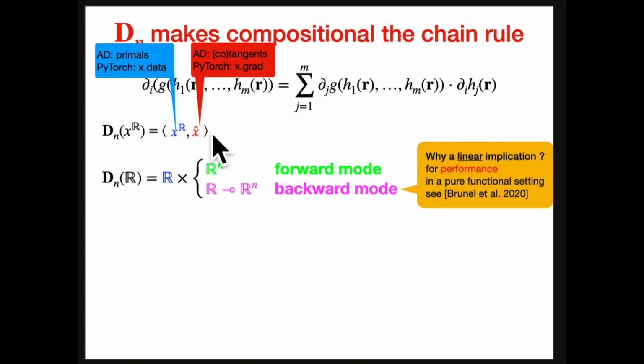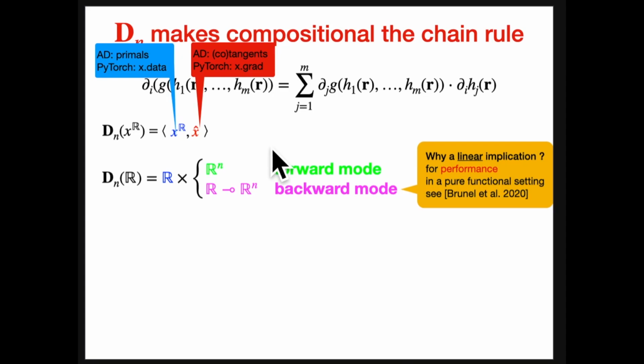In the PyTorch framework, the primal corresponds to the data attribute of a tensor, and the tangents to the grad attribute. Now, this comparison might be a bit misleading, as I said before, our definition of D is different from the one you get in standard AD and PyTorch, as we are purely functional and statically typed.